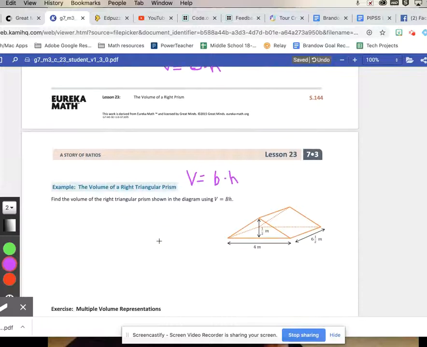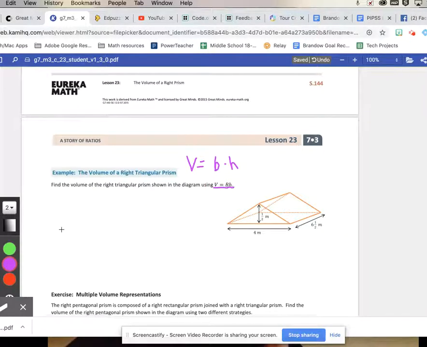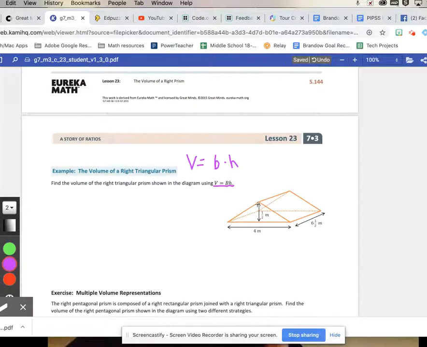Let's look at our next problem. It says find the volume of the right triangular prism shown in the diagram using this formula. So my base is this triangle here, and to find the area of a triangle, I have to do base times height divided by 2. And I know my base is 4, and my height is 1/2.